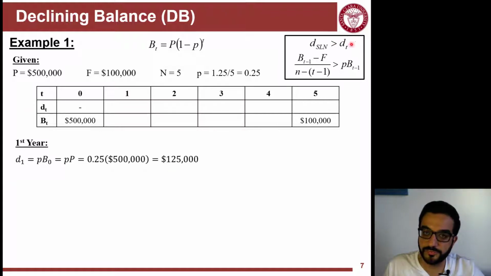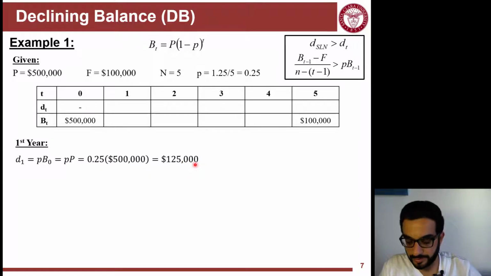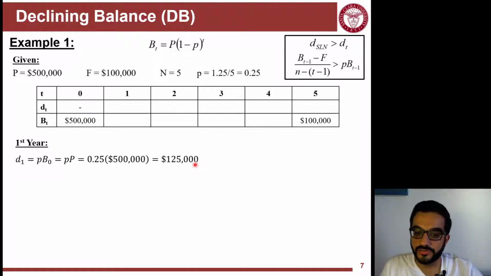The first value of this check is equal to p times B(t minus 1). B1 minus 1 is B0, and B0 is the initial value of the asset. So I end up with 500 times p, and this depreciation amount of 125K. That's D1 if I follow declining balance.